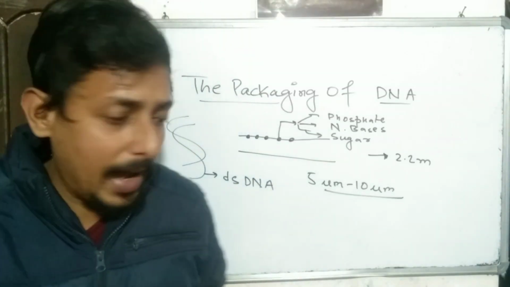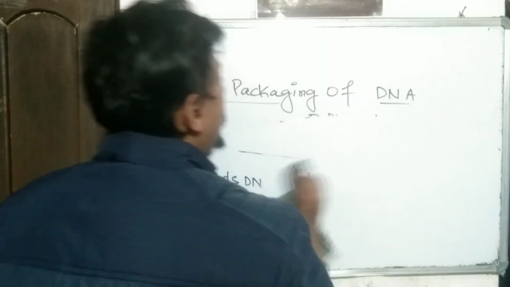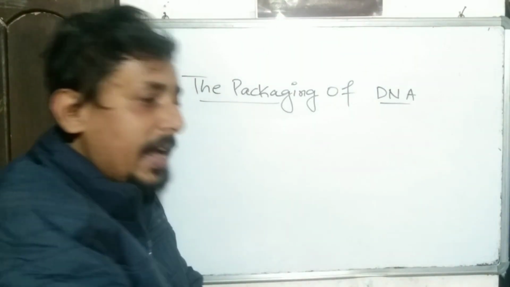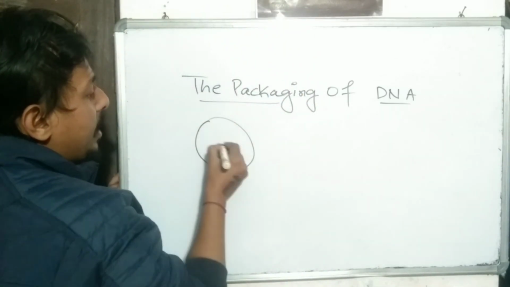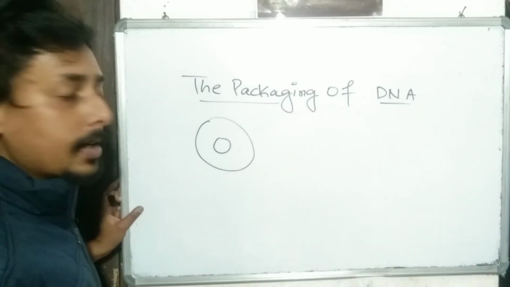We have to see, and now we have to understand the elements that are required for packaging of DNA. Now, to see a DNA, we basically use an electron microscope. In a light microscope, we see the cell something like this, and you look at a structure something like this.